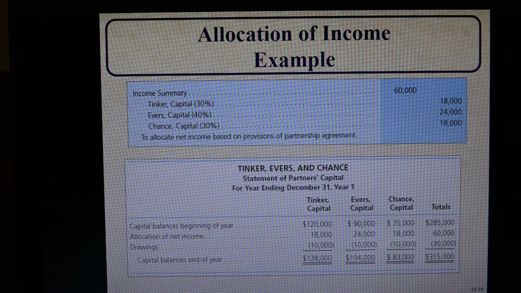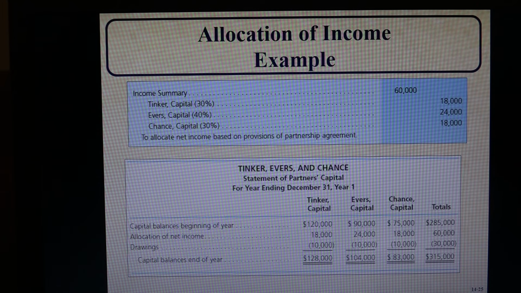And so before you get to this journal entry, you're going to have a closing entry to close the draw account. They call it drawing, but most people I've heard call it the draw account. You're taking a draw off of income or off your capital account in this case.